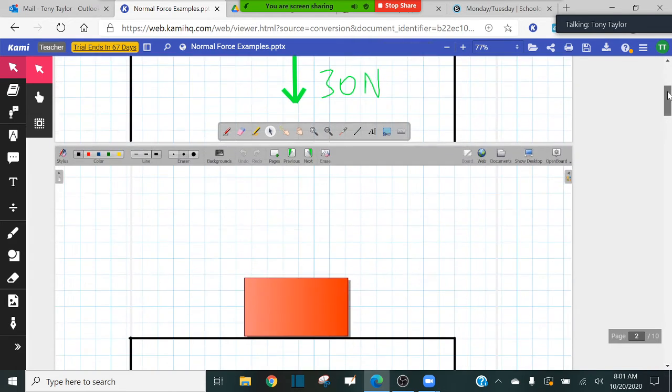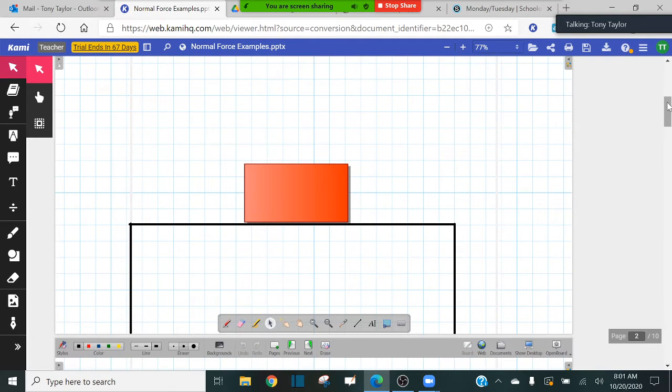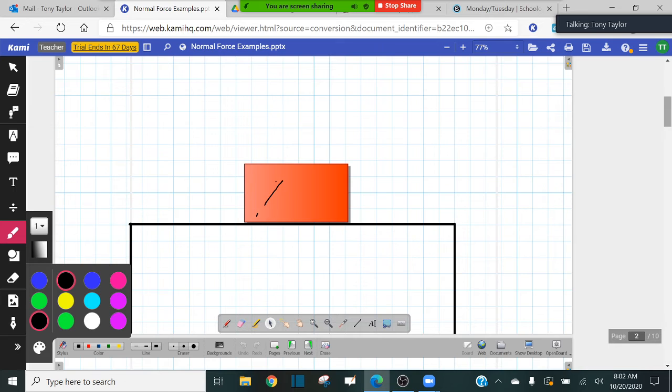Let us do another one. Suppose I have a box here in red, and I know that the box is 7 kilograms.